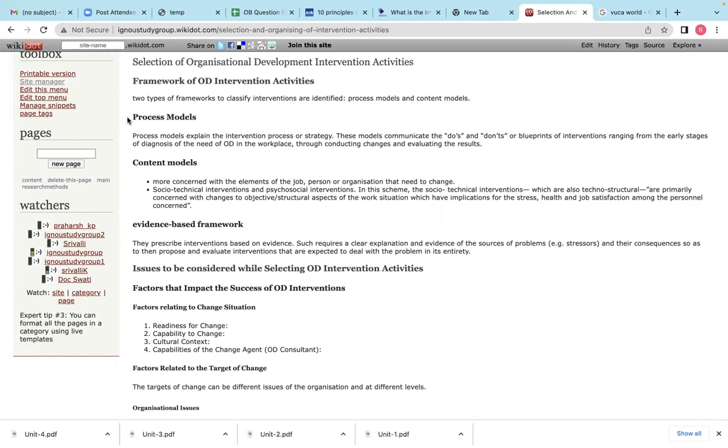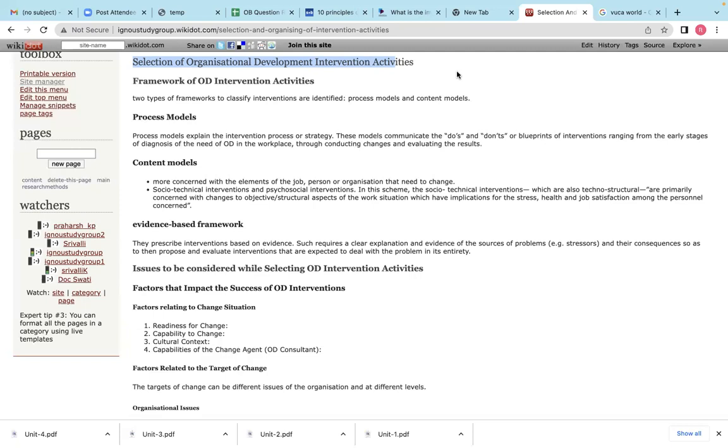Two, what could be the issues or factors that you need to consider while selecting this intervention activity. Under these issues, we are going to talk about the factors which are going to impact the success of OD. So the parent topic is how to select an OD activity, what needs to be done. And in order to know what is to be selected, I need to know what factors contribute to the success of an OD intervention.